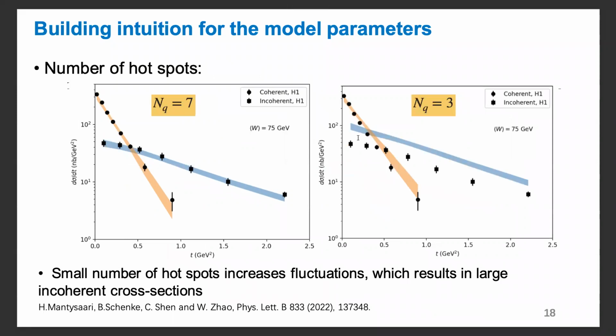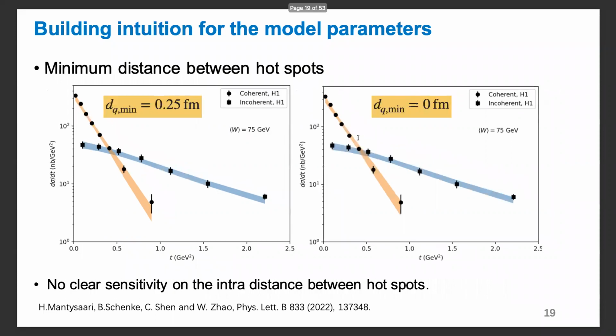And this is the effect of the number of hotspots. When decreasing the number of hotspots from 7 to 3, the fluctuations of the proton geometry increase, so it will increase the incoherent cross sections, and slightly increase the coherent cross sections. And now the last parameter is the DQ minimum, which describes the minimum distance between the hotspots.